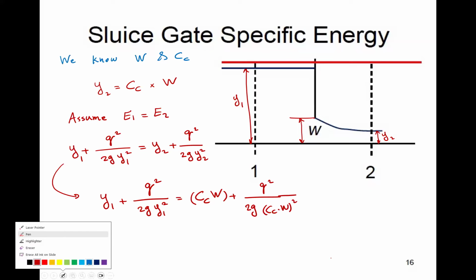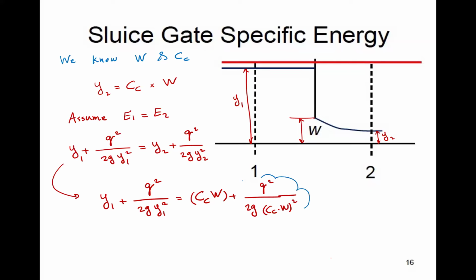So what's happening here? If you look at this equation, we have only two unknowns: discharge and depth upstream. Everything else is known because we have CC and W. W is the gate opening. If you're installing and operating the gate, you can open it to whatever opening you want. And CC is either available or you assume 0.6, which is a safe assumption.